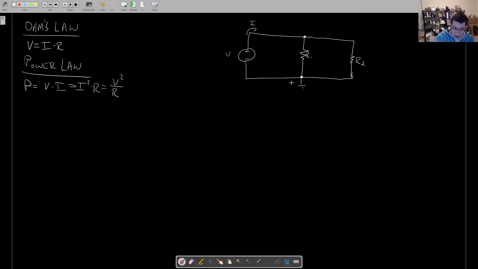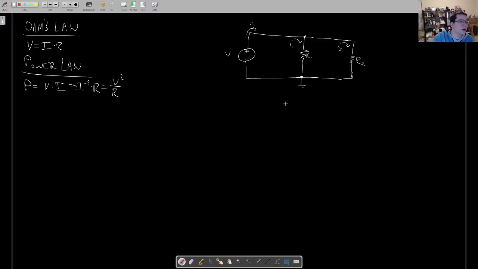Well, yes, that's true, but we want to be very careful because the current through this branch, I1, and the current through this branch may or may not be the same.